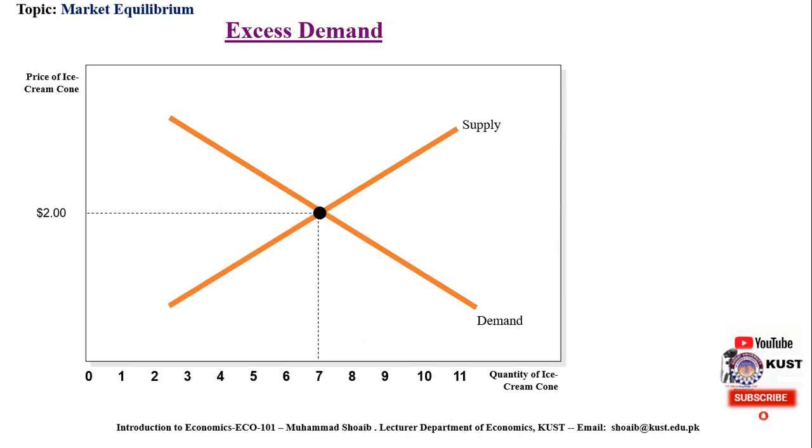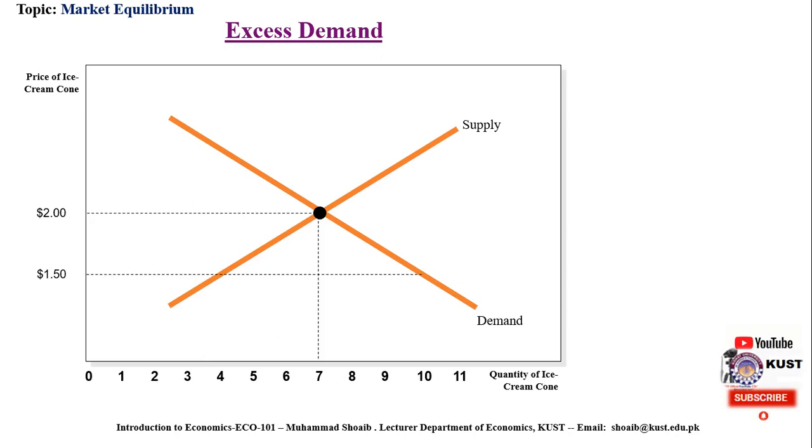Again, if we stay at our market equilibrium, with a downward sloping demand curve and an upward sloping supply curve, at $2, 7 units of the commodity are demanded, and we are at the equilibrium point.